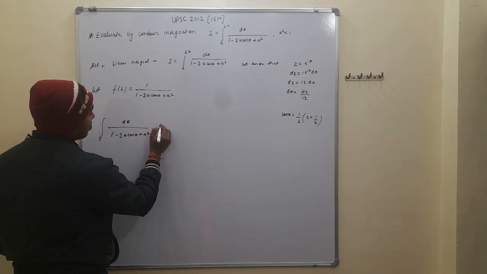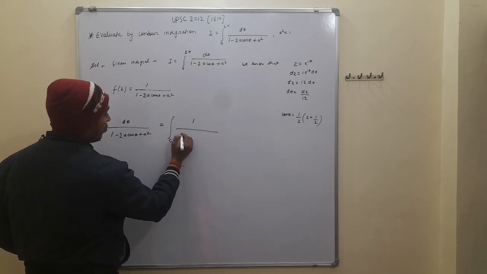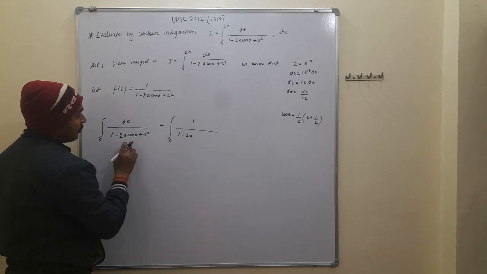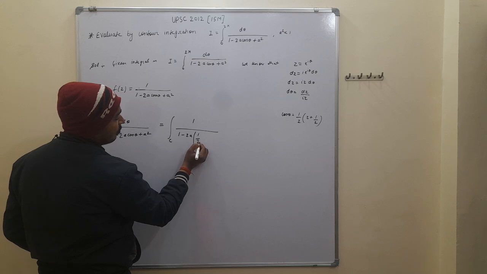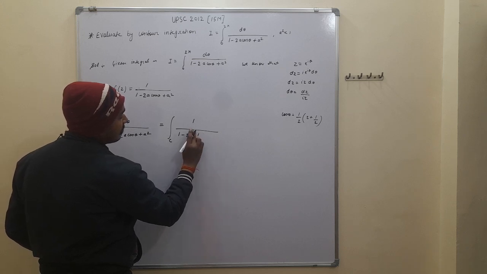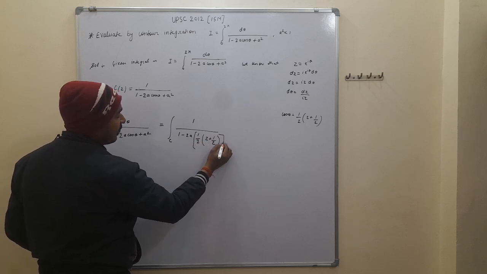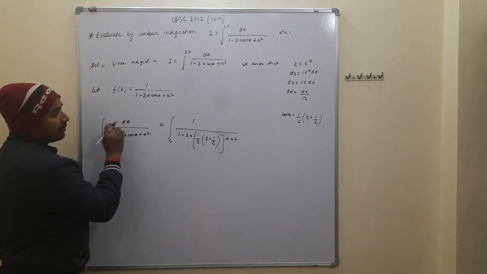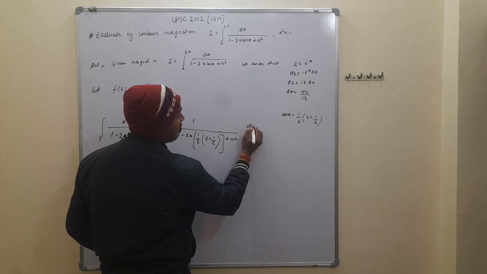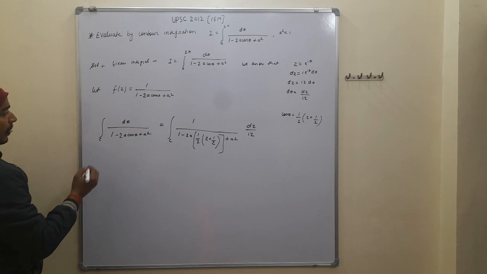This is given by the closed integral over c of 1 upon 1 minus 2a, and putting the value of cos theta, 1 by 2 into z plus 1 by z, plus a square, and we can also put the value of d theta, which is dz upon iz.